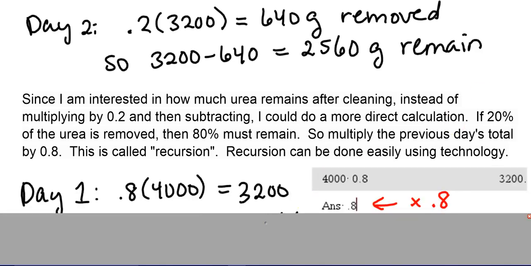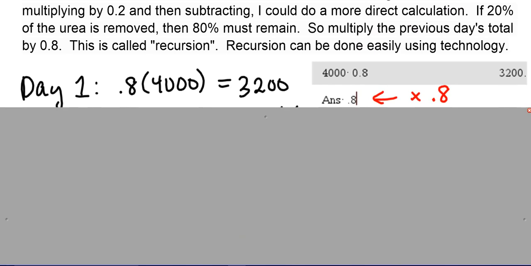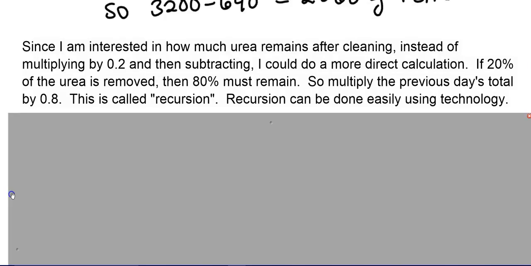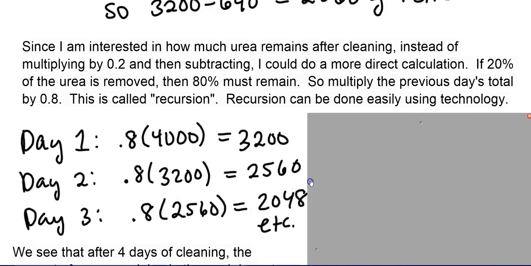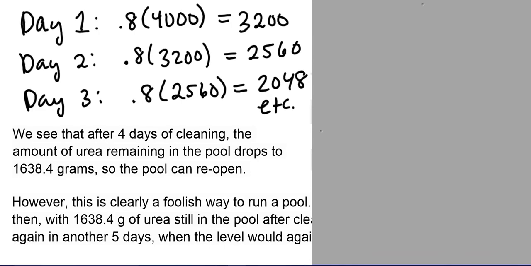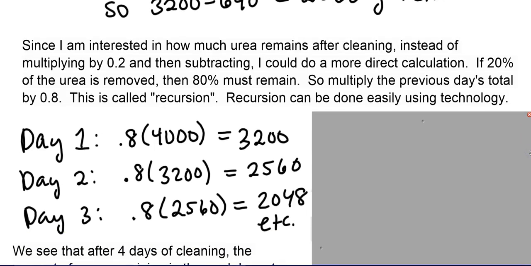Okay, so let's look at what's going on here. And actually I want to look at this part before I look at the calculator use. So let me slide this over here and go down. So day 1 is 0.8 times 4,000.